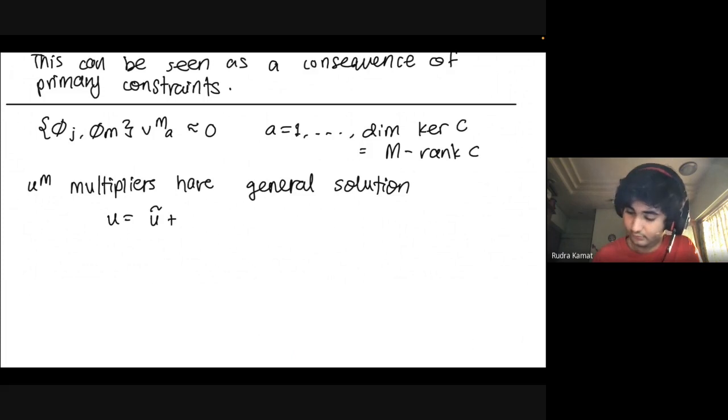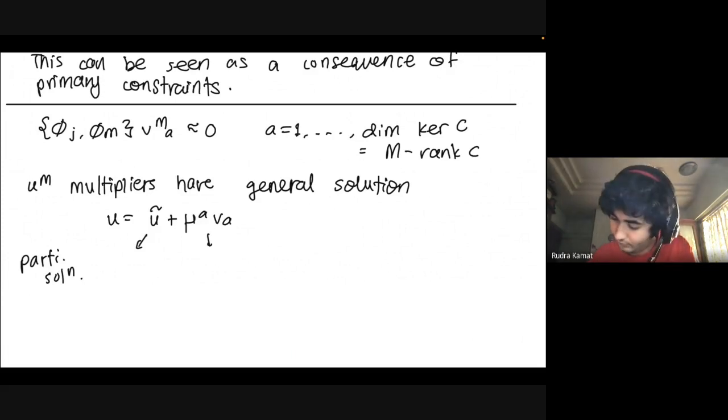u tilde plus mu a v a, where u tilde is the particular solution and this is the undetermined solution by the consistency algorithm.